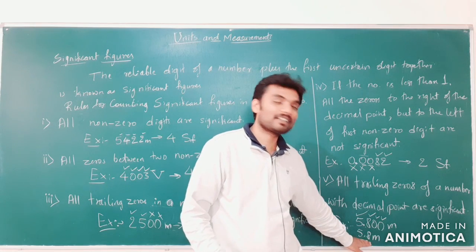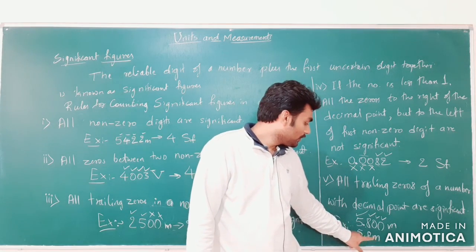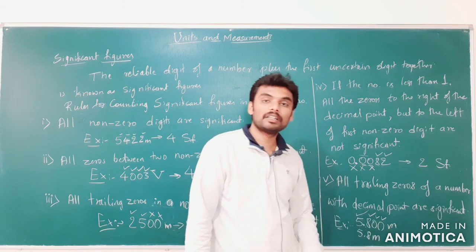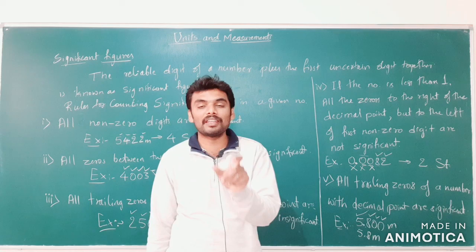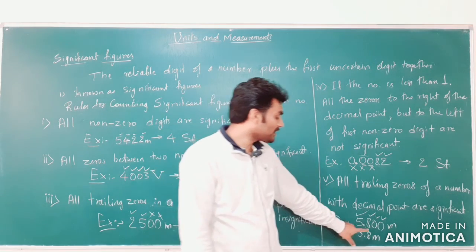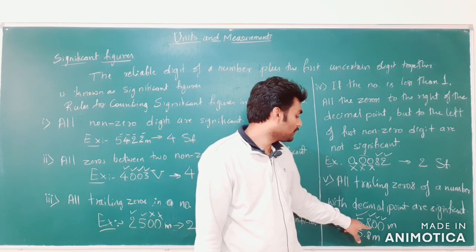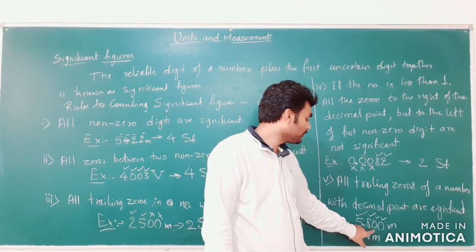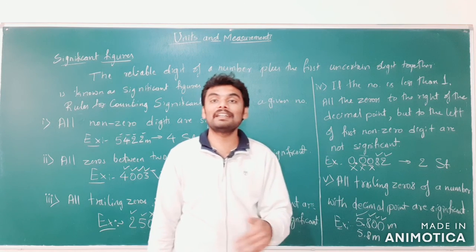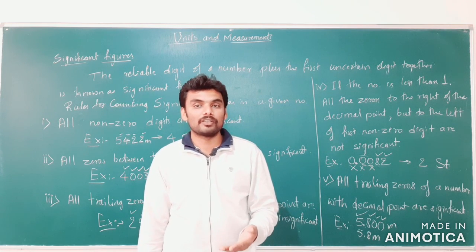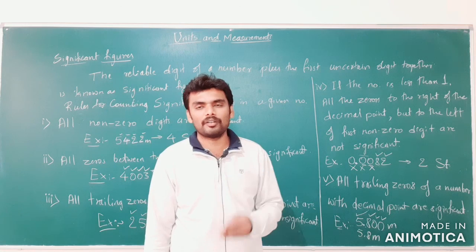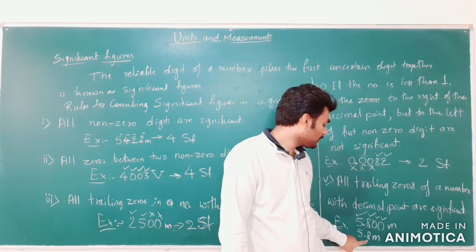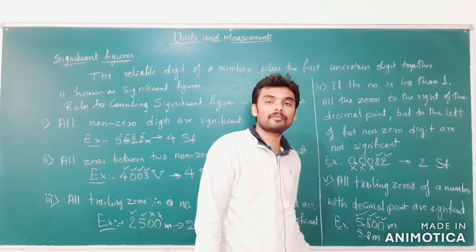So, if I have the measurement like 5.800 meter, it means that the instrument used to measure this value can measure till 0.001 meter. The detailing is too much. To be precise, the least count of this is 0.001 meter, while the least count of the other measurement is 0.1 meter.